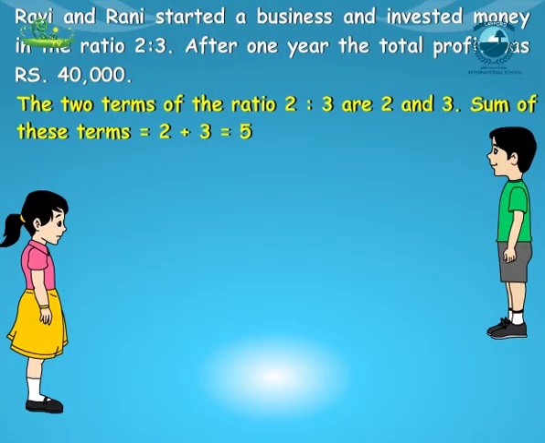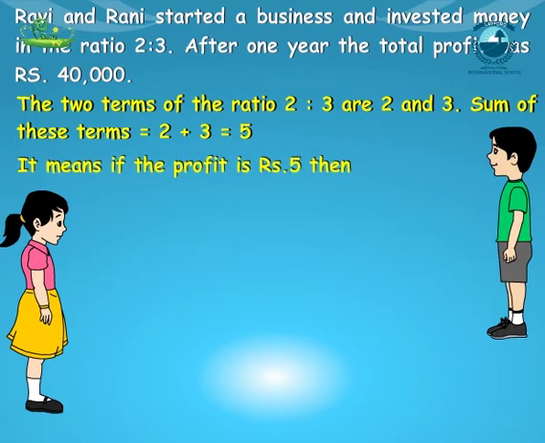Here, the two terms of the ratio 2:3 are 2 and 3. Sum of these terms is equal to 2 plus 3 is equal to 5. This means if the profit is rupees 5, then Ravi should get rupees 2 and Rani should get rupees 3.